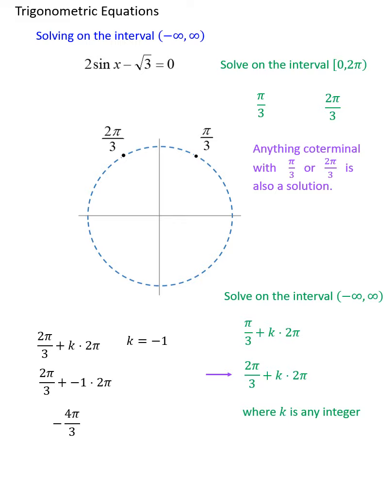Well, it means that -4 pi over 3 is a solution to this problem. And looking up at the graph, it shouldn't surprise you because -4 pi over 3, remember negative arcs go clockwise, will land me in the same place as +2 pi over 3. They're coterminal. And because they are, -4 pi over 3 is an answer. Now, is there anything special about -1 for k? Absolutely not. It's just a sample to show you what this solution means.